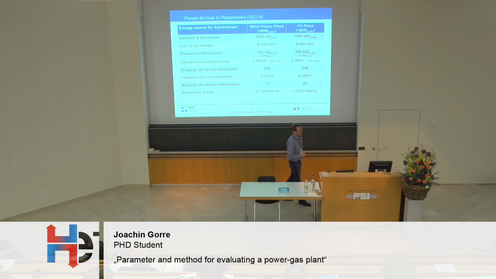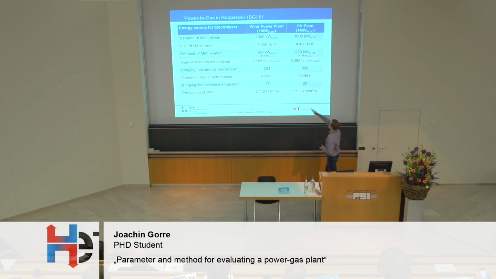If you compare these two plant applications, you see the demand of the electrolyzer is the same. The size of the hydrogen storage is different. I decided the size to have a high number of operation hours for the methanation unit.